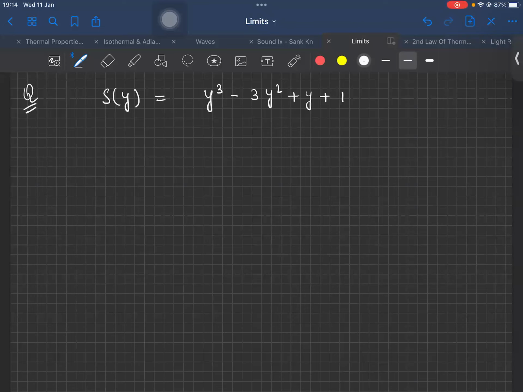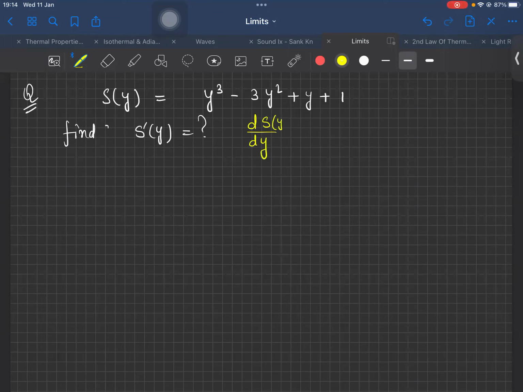Find s dash of y. Now if you have any doubt, please let me know. What do you mean by s dash of y? See, you have to find the differentiation of s with respect to y. That's the meaning. So you will write ds upon dy.